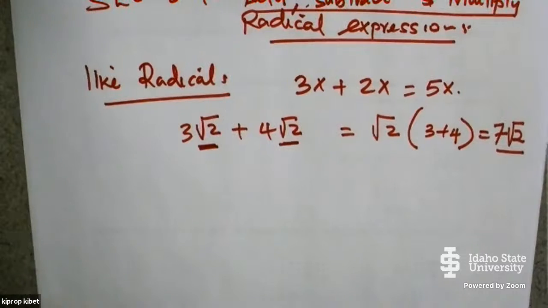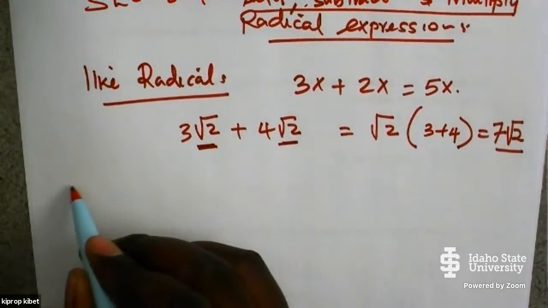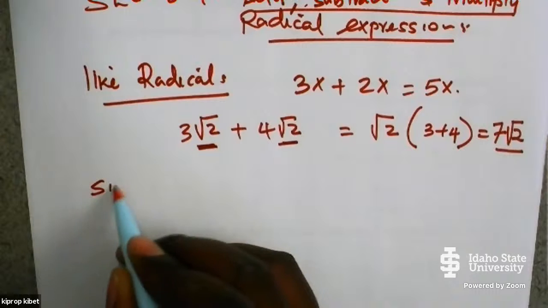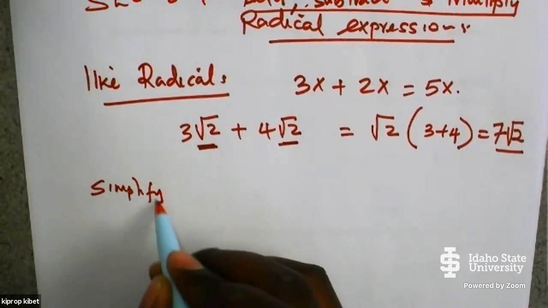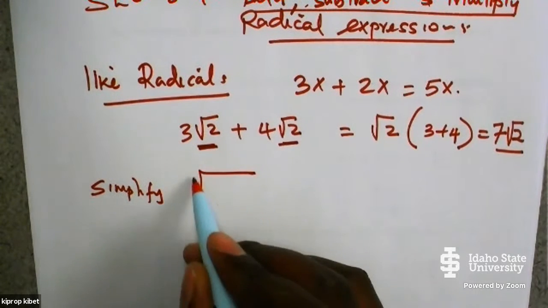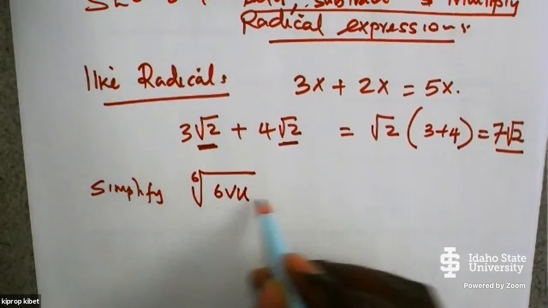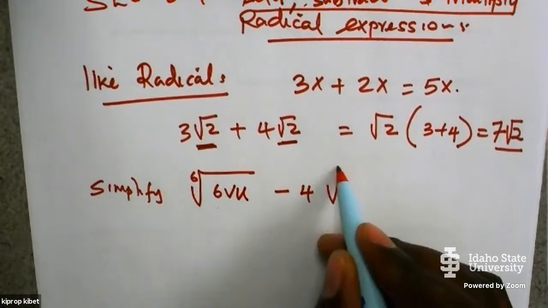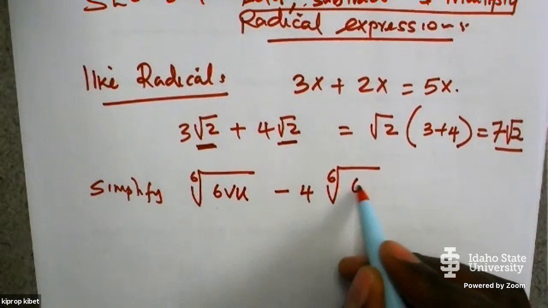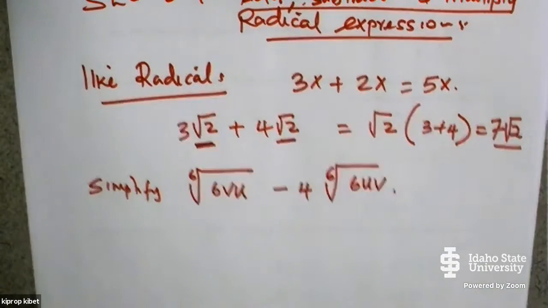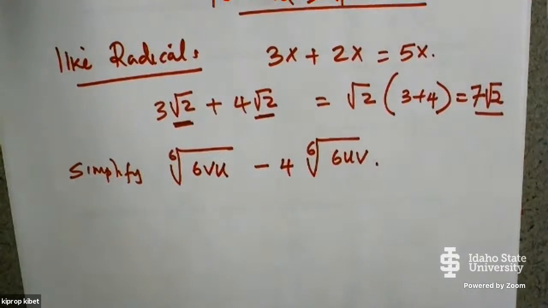For example, example number 1, simplify the 6th root of 6vu minus 4 the 6th root of 6uv. If you look at this, the radicals are like, right?